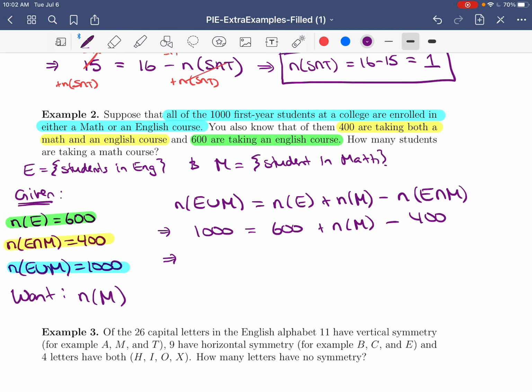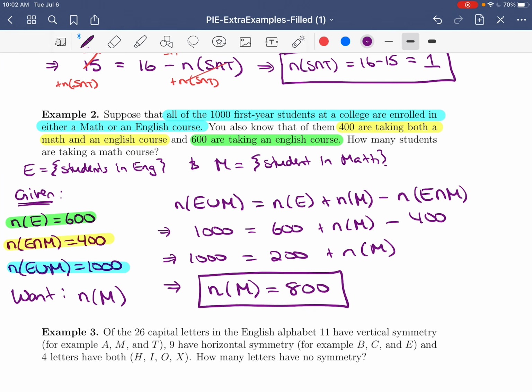So 600 minus 400 is 200. So 200 plus the number taking a math course should equal 1,000. So you can probably see the number that are taking a math course needs to be 800.